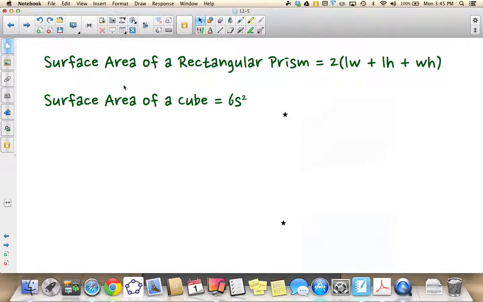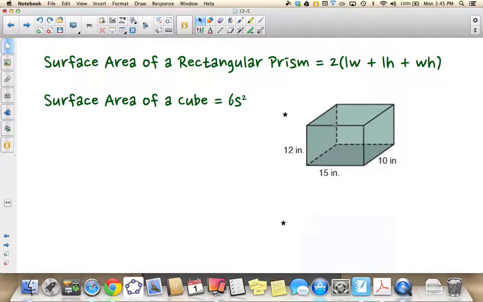Now applying those formulas, we have our box, and we want to find the surface area of our box using the formula. Let me get my board here.